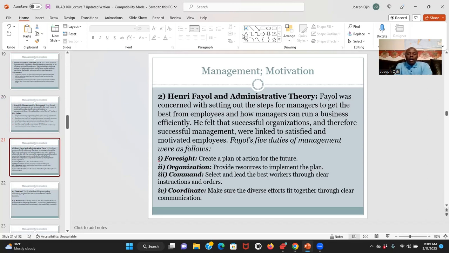He's also interested in how managers can run a business efficiently. Now, to him, successful organization and therefore successful management were linked to satisfied and motivated employees. And when your employees are motivated, a lot can happen.